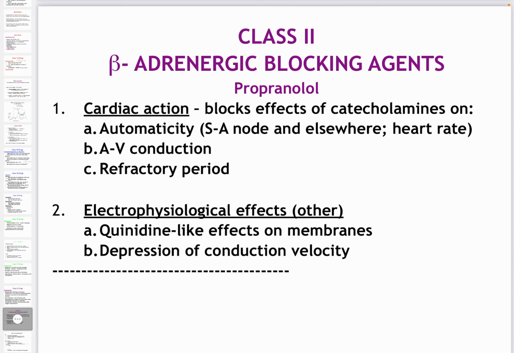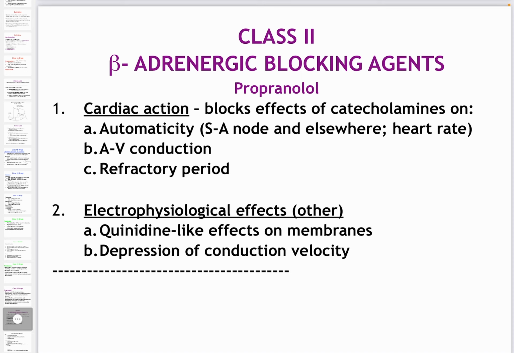Now, because we know what propranolol is doing in the heart, it's blocking the beta 1 receptors there, we can anticipate the side effect of it, or the contraindication of it. So what would be the effects of propranolol elsewhere? Excellent. So a contraindication of propranolol is bronchial asthma. Why is that?